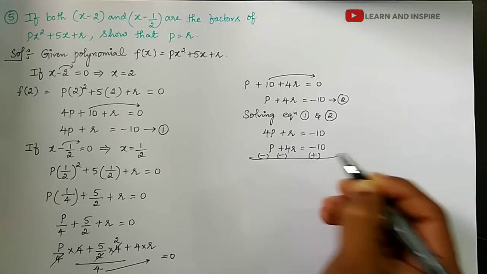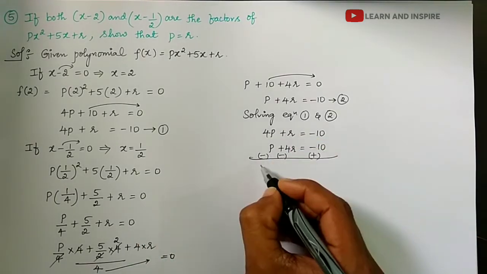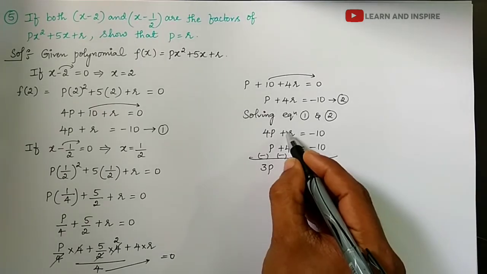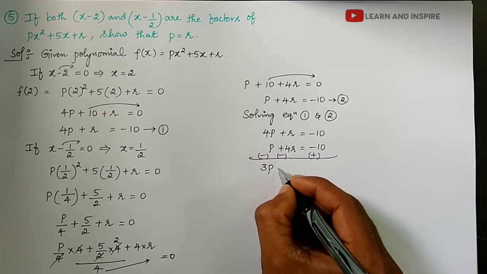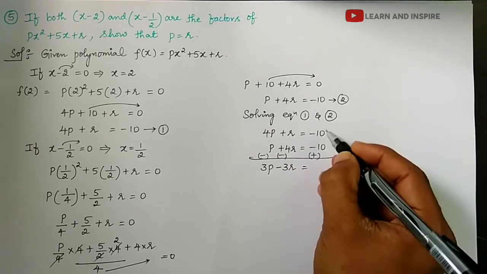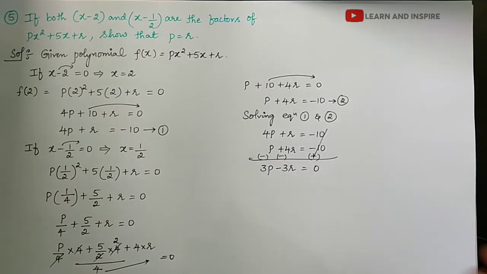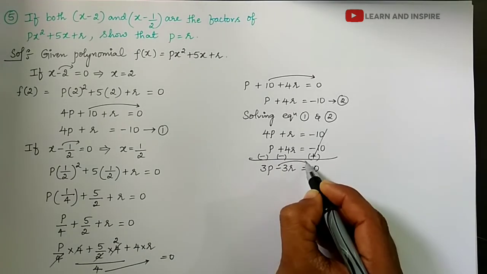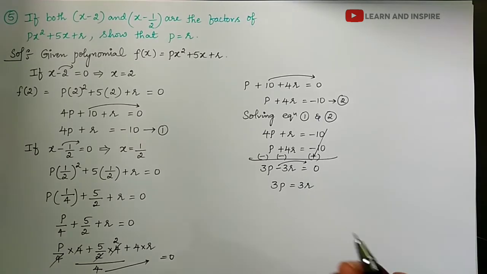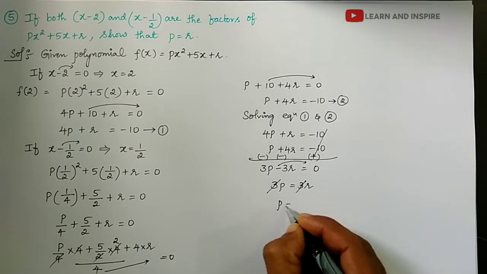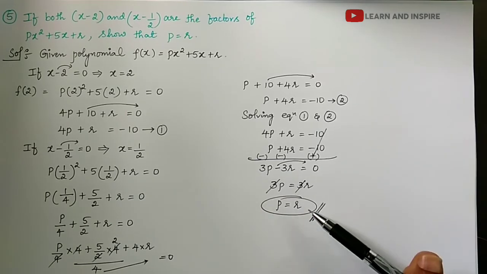Minus becomes a plus. 4p minus p is 3p. 1r minus 4r is minus 3r, which equals minus 10 plus 10 get cancelled, which equals 0. So transposing minus 3r to the right side, it becomes plus 3r. Now 3 gets cancelled, and what is left? p equals r. Okay, so we have proved that p equals r.